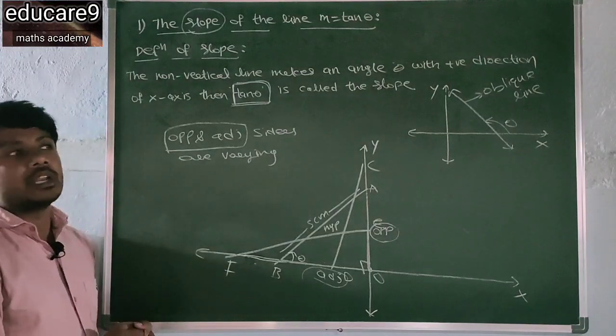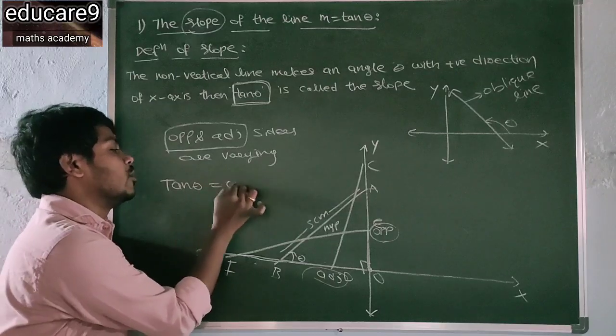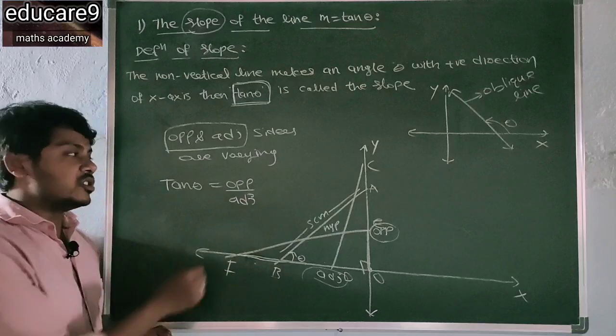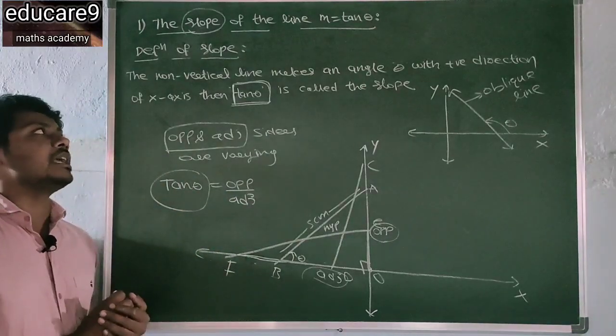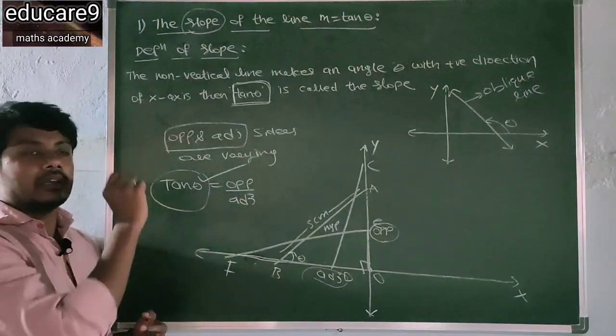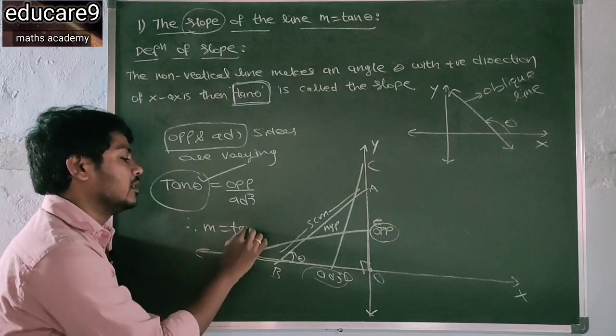Tan theta only. So tan theta is what? Opposite side by adjacent side. So this ratio is tan theta. So that's why we say the slope of the line m is tan theta. So therefore m is equal to tan theta.